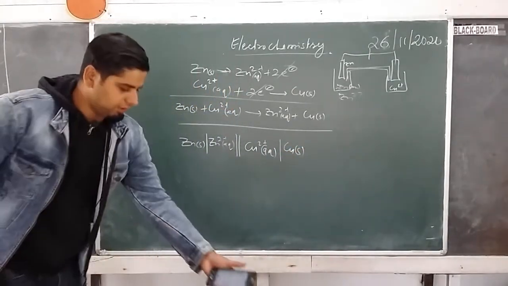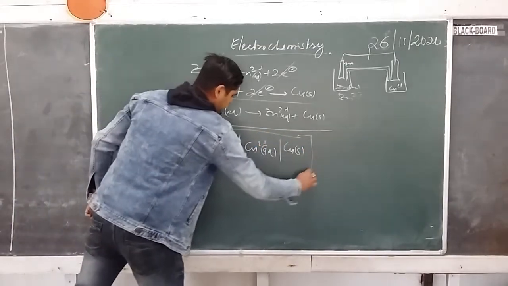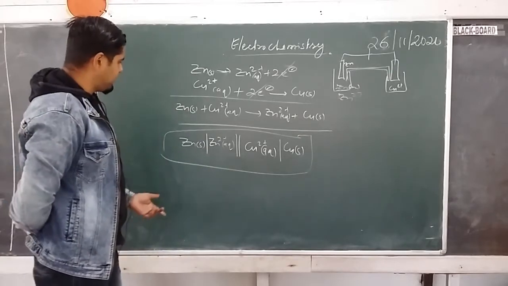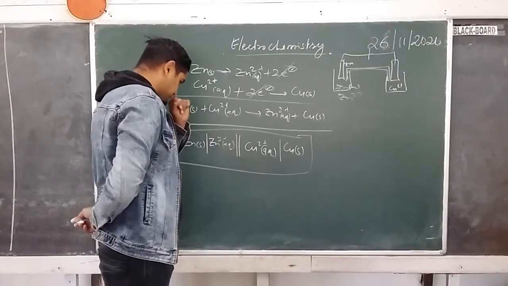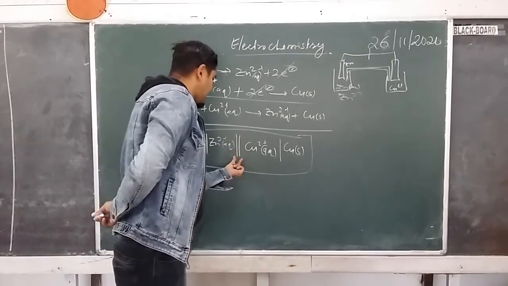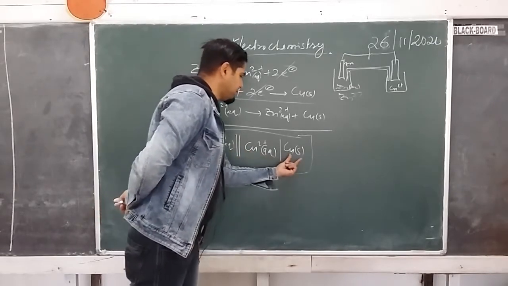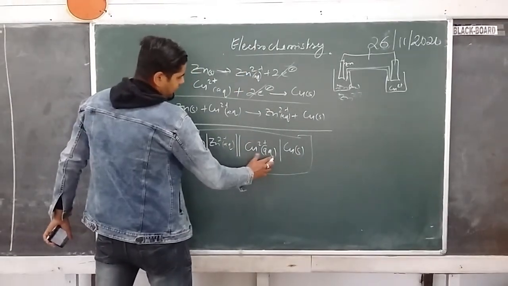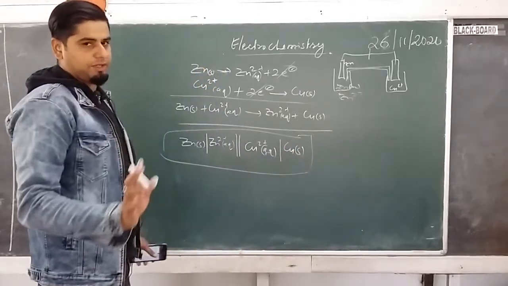So if you see this kind of expression or format, then you can easily understand this is the zinc electrode, this is the electrolyte containing zinc ion, this double line is for the salt bridge, this is for copper ion, that is the aqueous electrolyte, and this copper solid is the electrode.